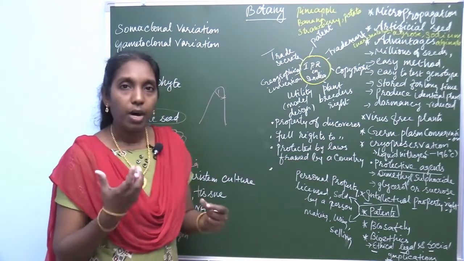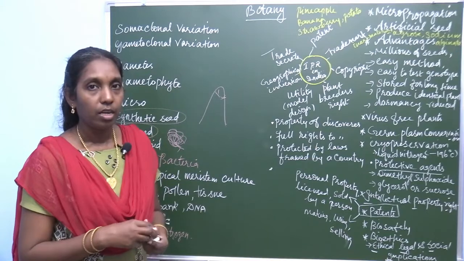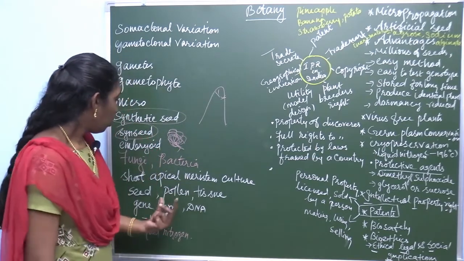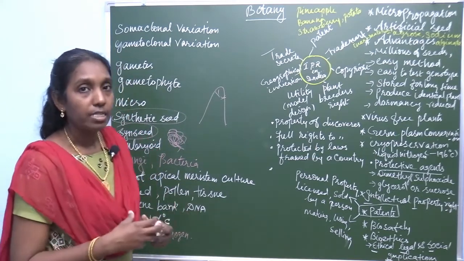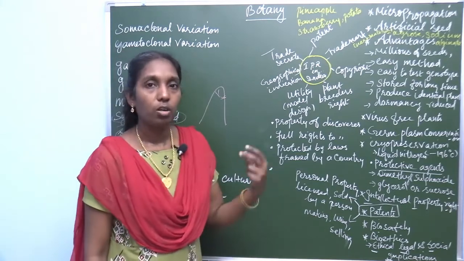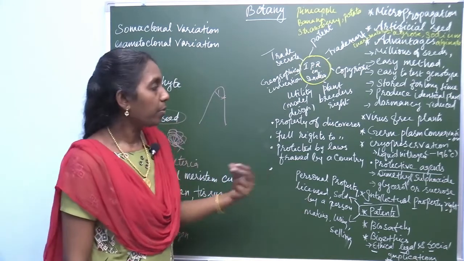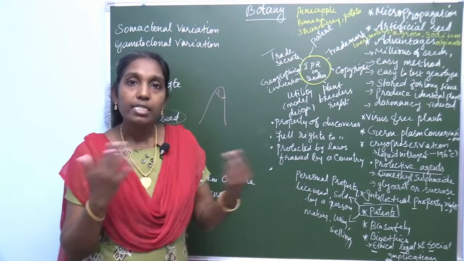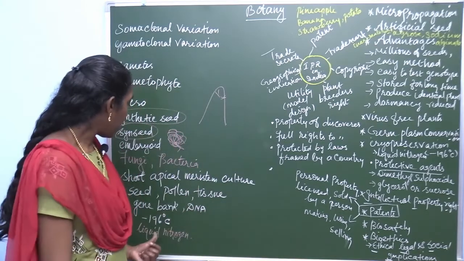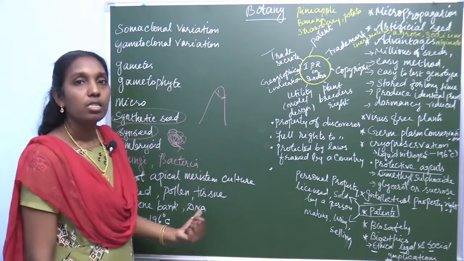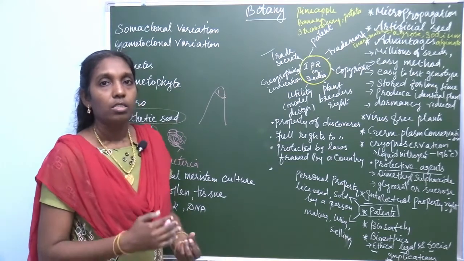The plant parts are preserved, mainly the pollen or the seed, or tissues, organs or organelles, any part of the plant can be preserved at extremely low temperature, that's minus 196 degrees Celsius.